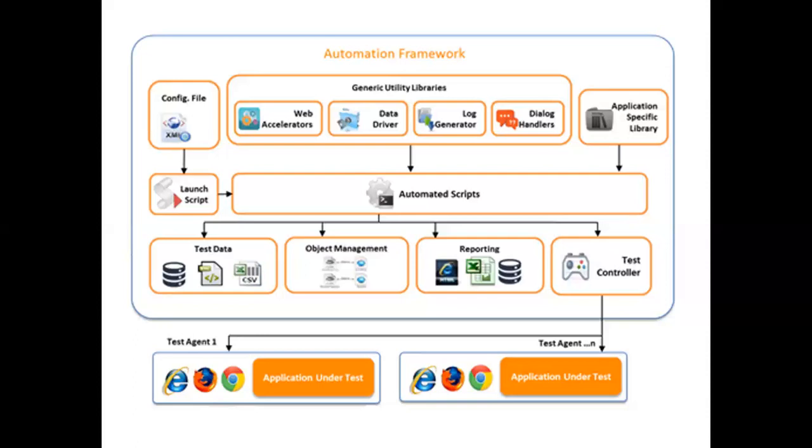So that is the framework design. That's how framework design evolves. We need to design the framework. A framework is nothing but a set of rules or standards that we follow while designing the test cases.